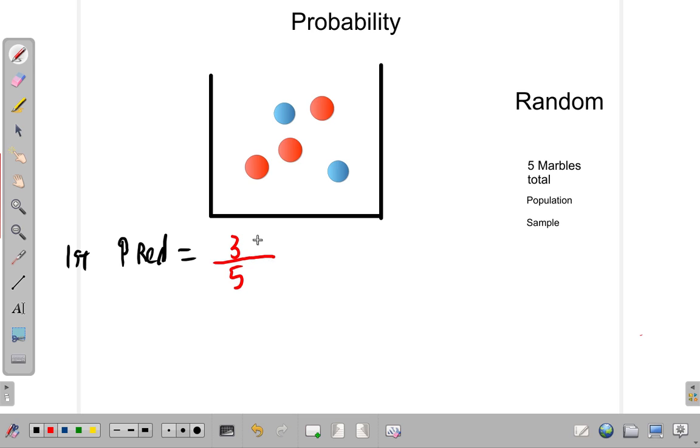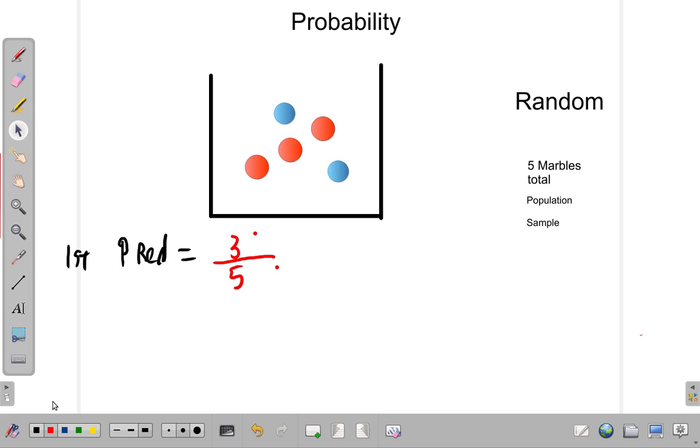It's 3/5. Now, let me imagine that you pick the red and you put it outside the box. Suppose you want to pick again and you put back that red inside the box. Then you make your second pick.